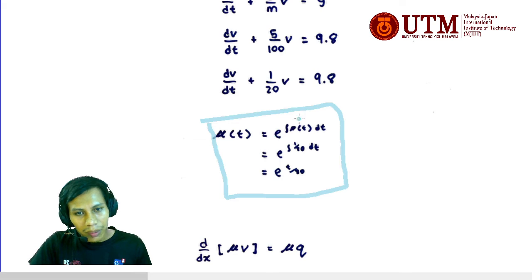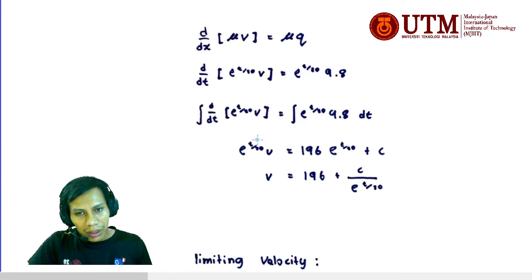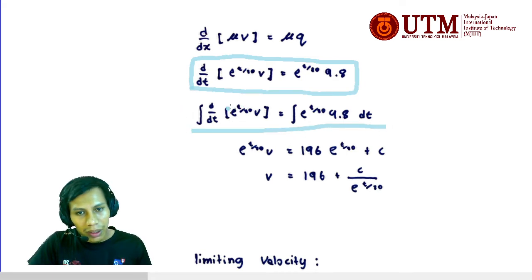Then we multiply the integrating factor on both sides of our equation. So we got here. We multiply it, and then we integrate both sides of this equation. Then we get the answer here.